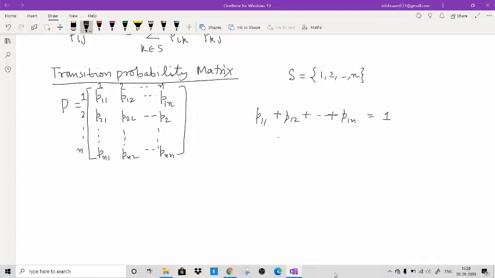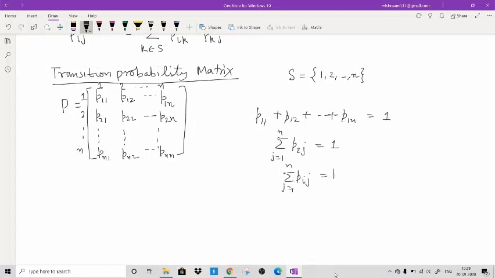Similarly, all these sums, P2j with j from 1 to n, will be 1. In general, you can write the sum of Pij, j from 1 to n, is equal to 1. That means the row sum will be 1. So this is known as the transition probability matrix.